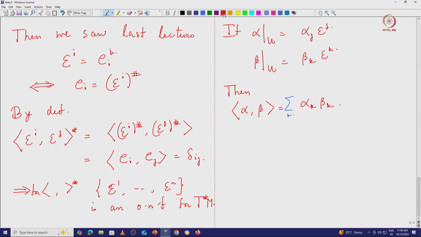Alright, so now one can actually extend this to an inner product on all tensors, okay, in the following way.